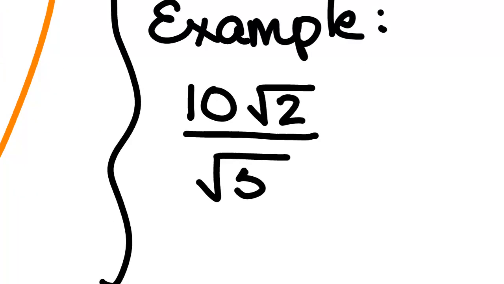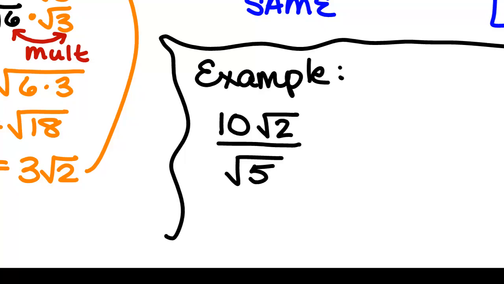Let's pretend the denominator was square root of 5. Does anybody remember how we get rid of that radical out of the denominator? No? Okay. Anybody? Yes, we're going to multiply top and bottom by whatever the radical is on the bottom. So we're going to multiply top and bottom by the square root of 5.